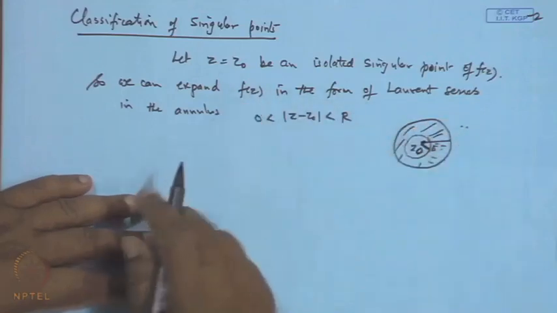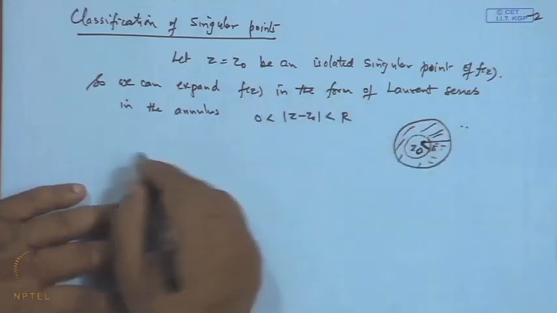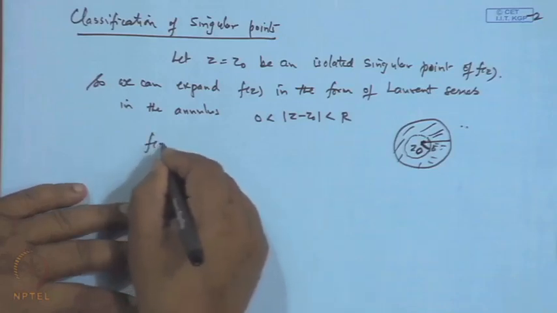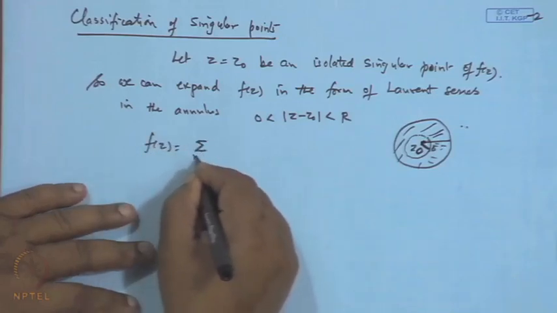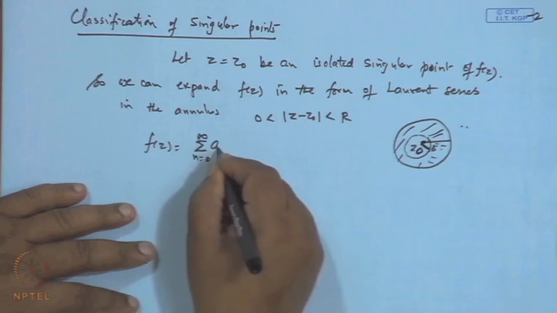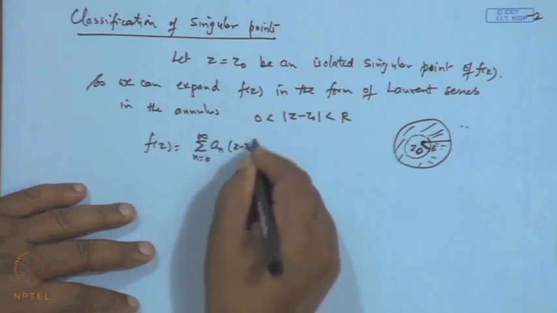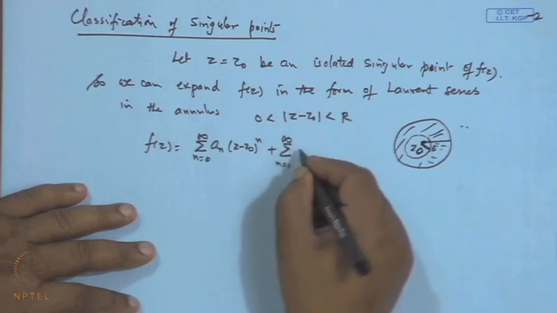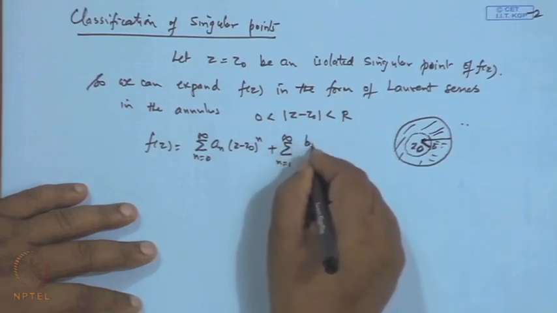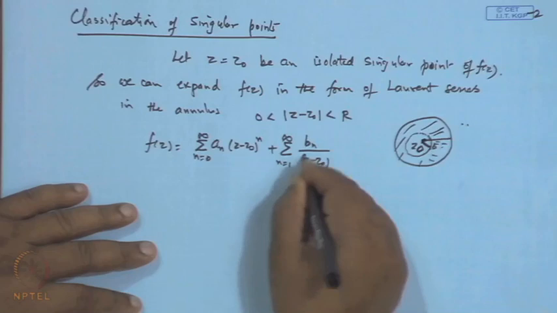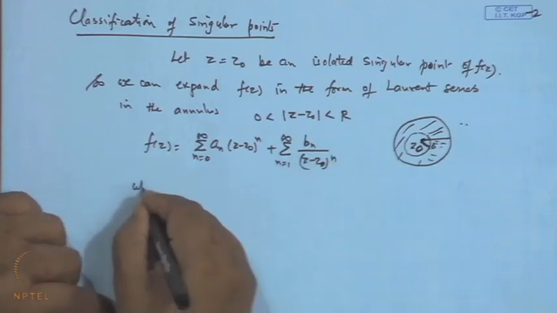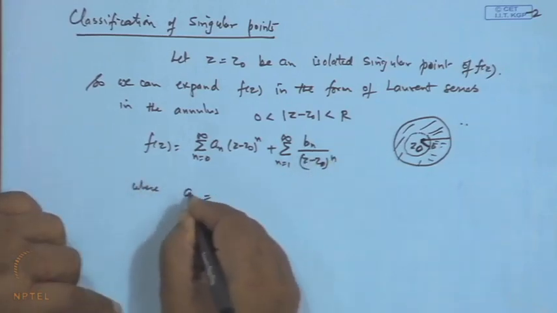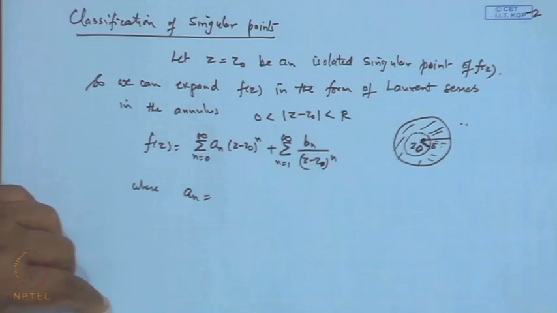So, it can be expressed in the form of the Laurent series as follows. f(z) equals sigma n from 0 to infinity a n (z minus z naught) to the power n plus sigma n from 1 to infinity b n over (z minus z naught) to the power n, where a n's and b n's, if you remember, can be defined by means of the formulas.